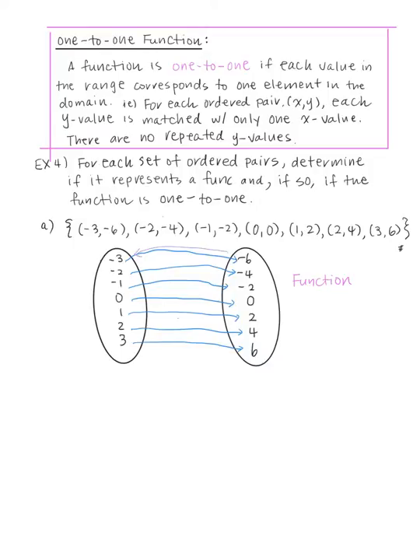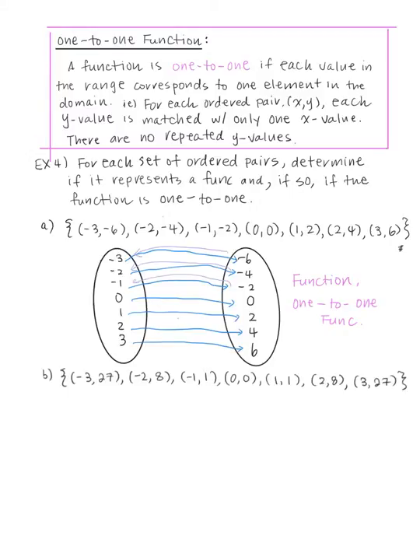When y is -4, that goes to -2. When y is -2, it's going to go to -1, and so forth. So in this case, this is going to be a one-to-one function. So let me just write, in fact, this is a 1-to-1 function.